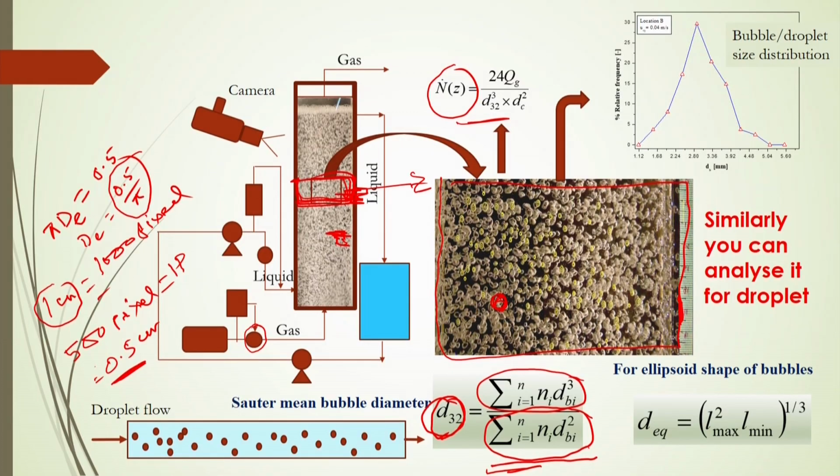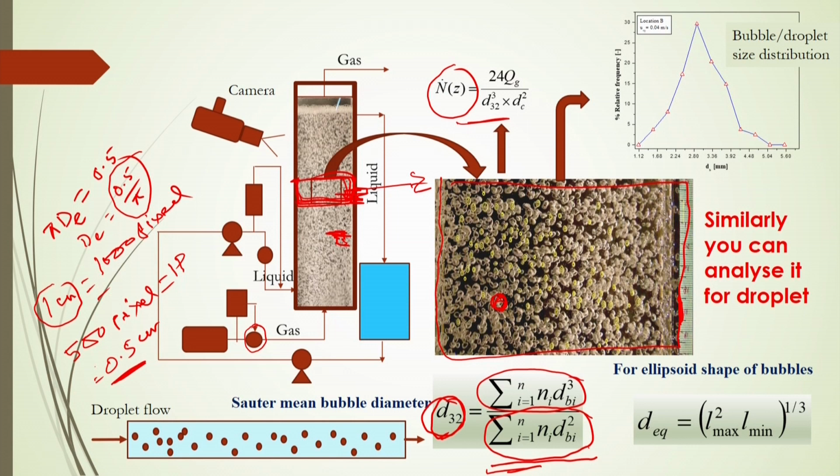Suppose in the 0.3 to 0.6 millimeter diameter range we are getting only 5 bubbles. Similarly, 0.6 to 0.9, we are getting 10 bubbles. 0.9 to 1.2 millimeter, only 25 bubbles. 1.2 to 1.5, in that class we are getting 20 bubbles, and then 1.5 to 1.8 millimeter range, maybe only 6 bubbles.